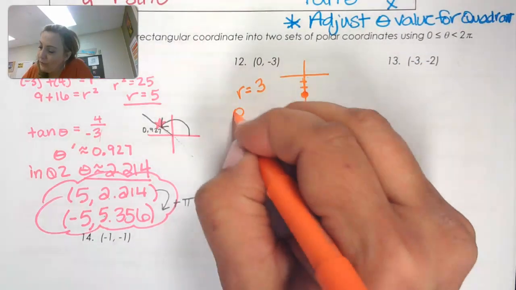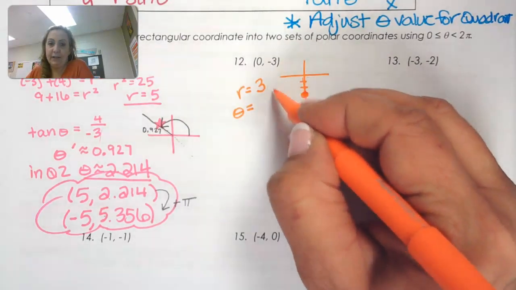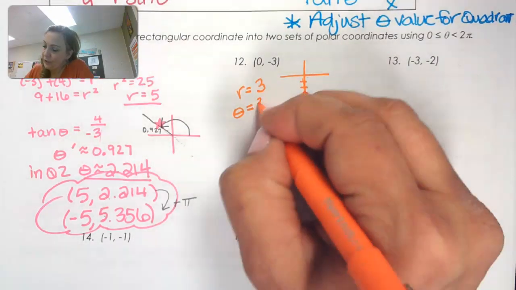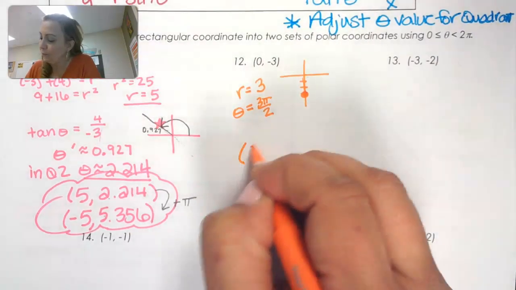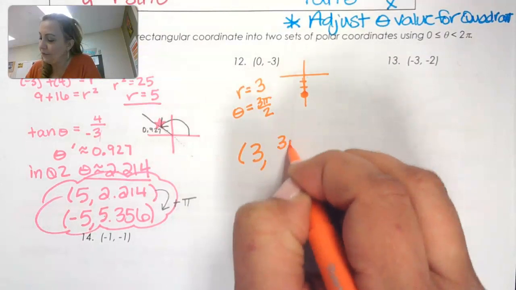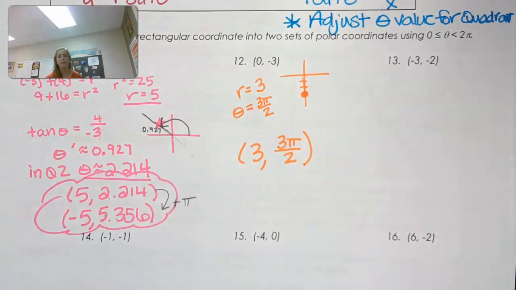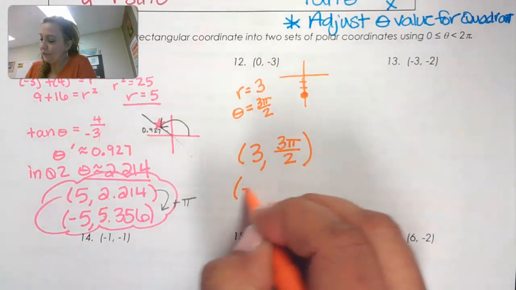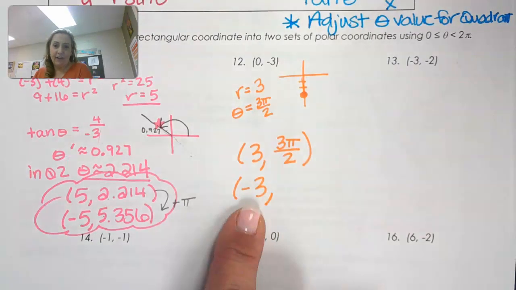And then what would we use for our theta? If we use a positive angle, then our theta is going to be 3 pi over 2. So don't make it more work, you guys, than you have to. I could have 3 and then 3 pi over 2. Now, remember, we're going to have to look at it with a negative R value.